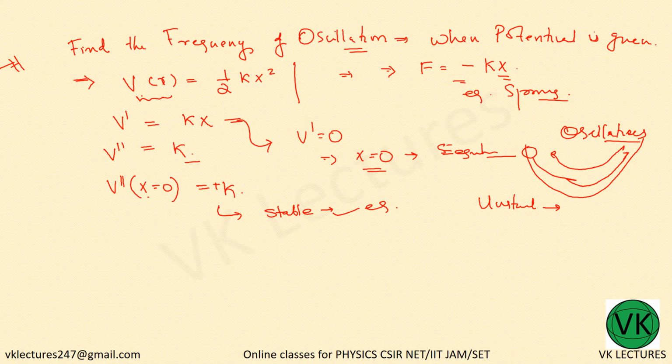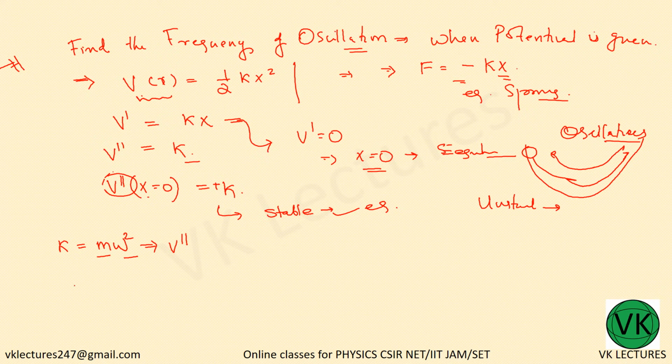Now this particular quantity k is nothing but m omega square. M is mass, omega is angular frequency. Okay, m omega square. Now what is k? K we already know, which is nothing but v double dash. So we will write v double dash equal to k equal to m omega square.